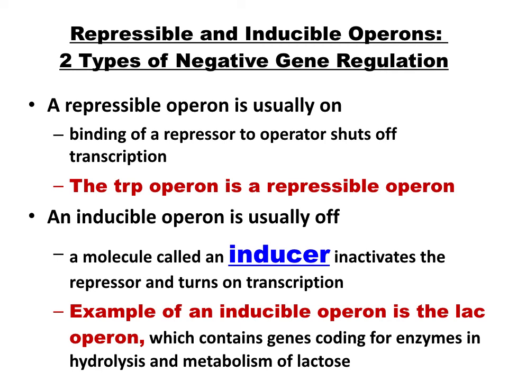The lac operon, though, has an active repressor protein all by itself, and the repressor protein is deactivated by the presence of lactose. So the regulatory metabolite here is what we call an inducer, because it helps induce or turn on this operon. Tryptophan is a co-repressor. Lactose is an inducer.